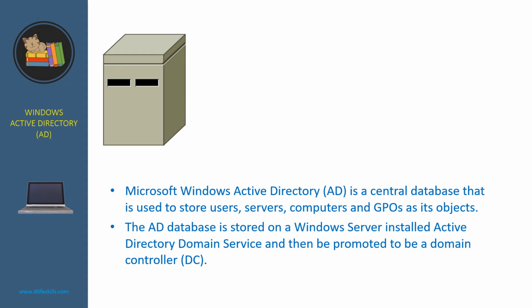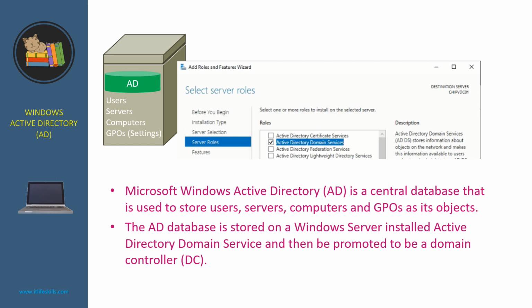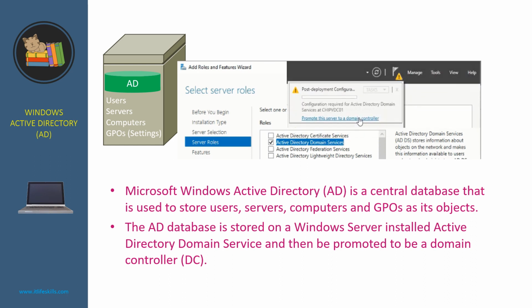Let's talk about Windows Active Directory. Microsoft Windows Active Directory, or AD, is a central database that is used to store users, servers, computers, and GPOs as its objects. The AD database is stored on a Windows server, installed with Active Directory Domain Services, and then promoted to be a domain controller, or DC.